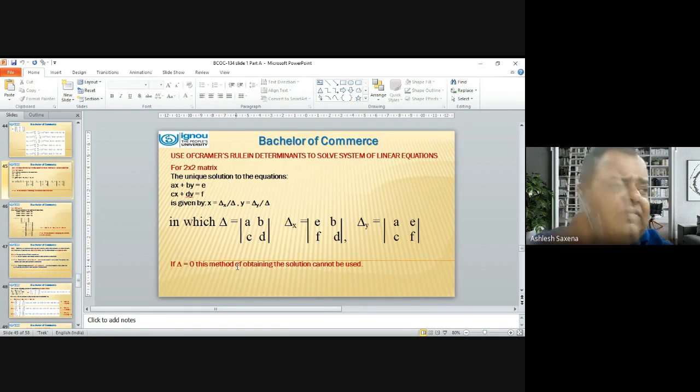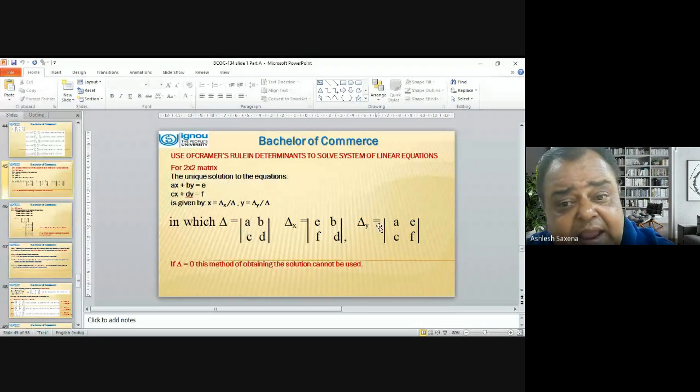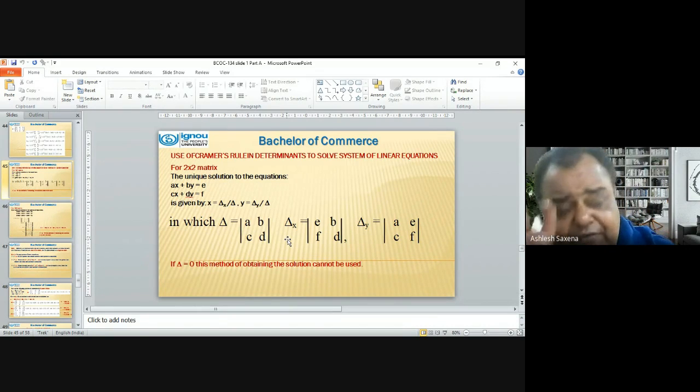Now, your question may come into your mind: what will happen if we get the value of delta as 0? Because we will be dividing delta x by 0 and delta y by 0. We are not going to get anything. That means if delta is equal to 0, we cannot use this Cramer's rule.